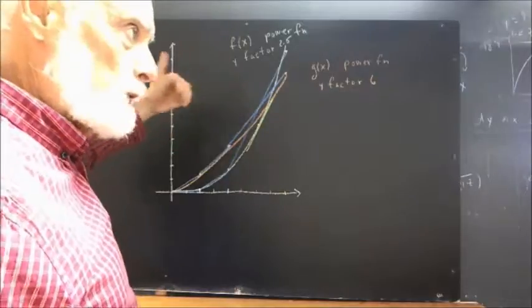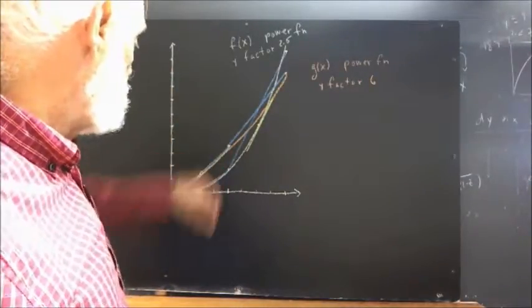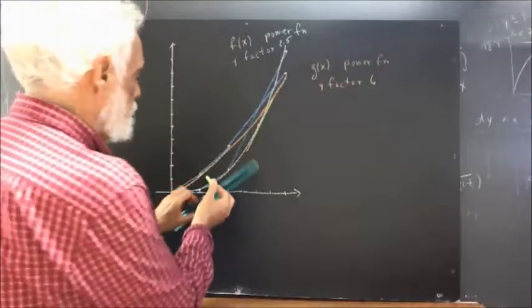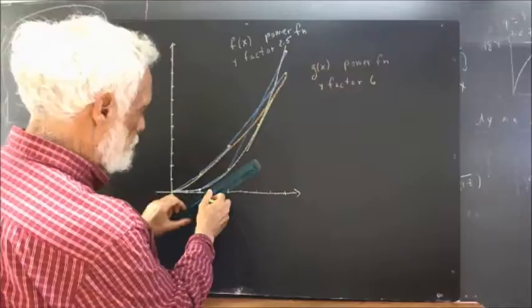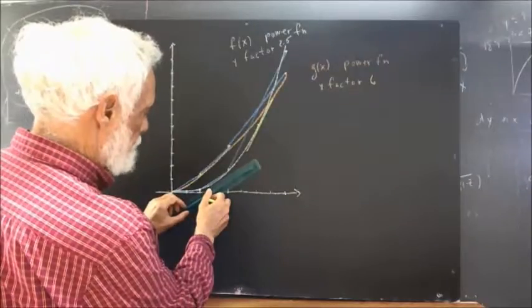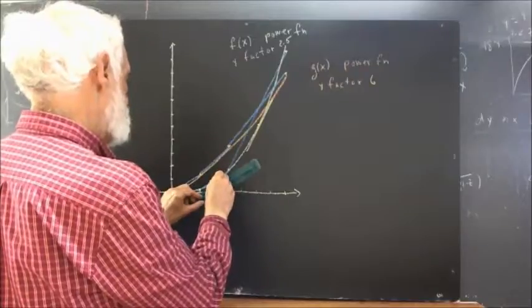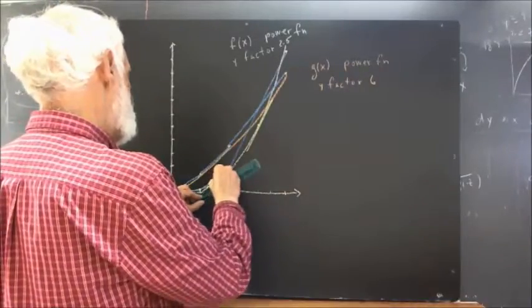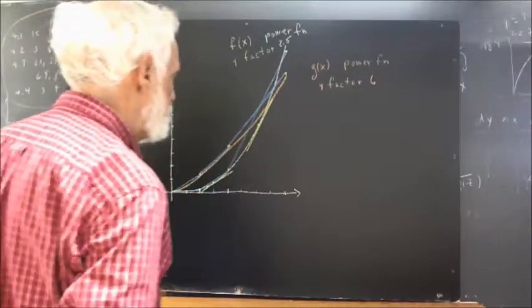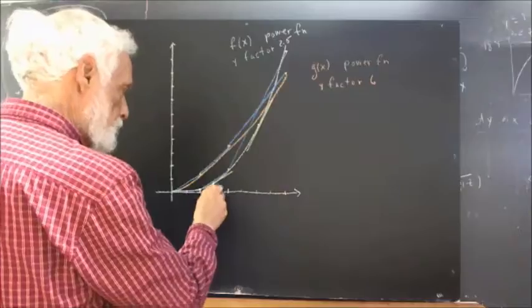Now, I'm assuming we know what a tangent line is. Where does the ruler first touch the graph when it's parallel to this segment? I'm thinking it's going to be right about here. Now I want to mark the coordinate where that occurs.